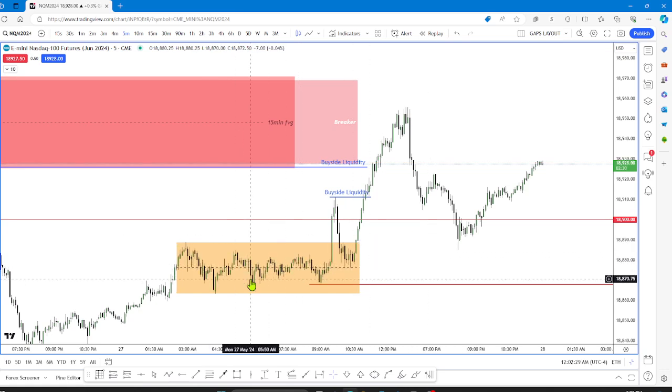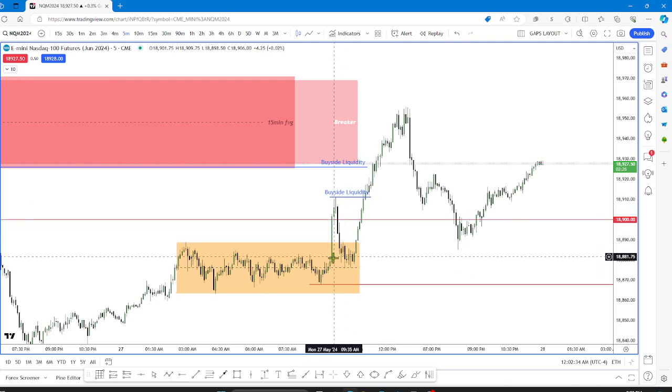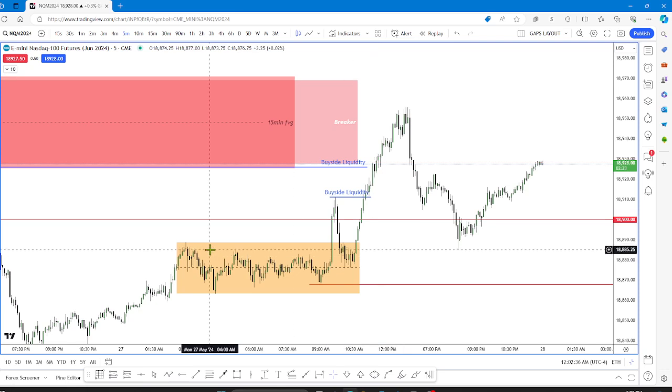Usually in the buy side of the curve, in the buy model, you'll have a break and a retest kind of thing.